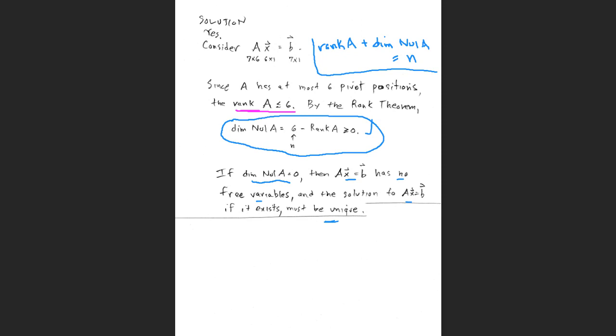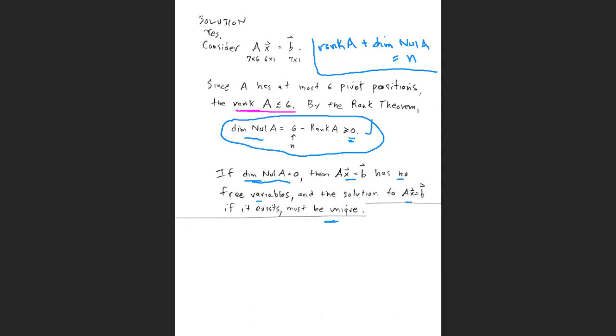The fact that you're allowed to have 6 pivot positions in the matrix A allows you then to say that the dimension of the null space of A could equal 0. Doesn't have to, but it could. And if it did equal 0, then you'd have no free variables.